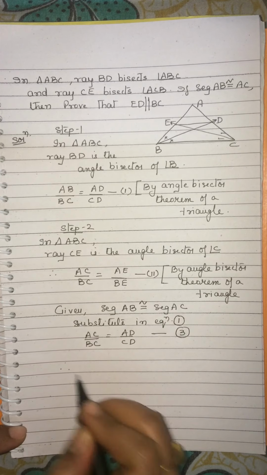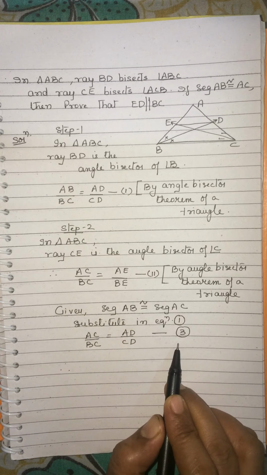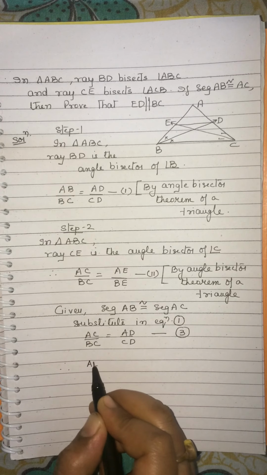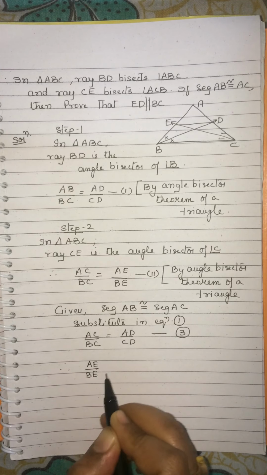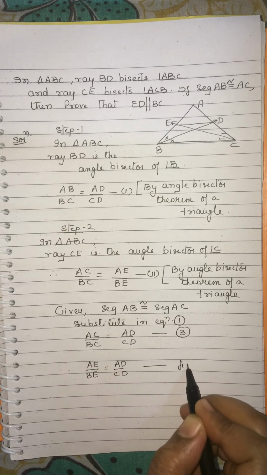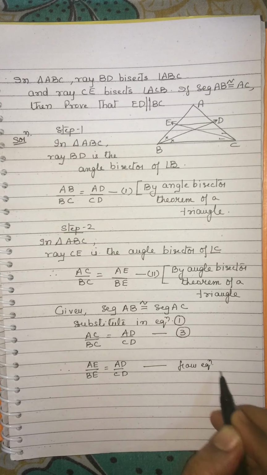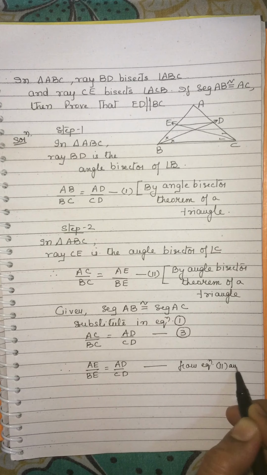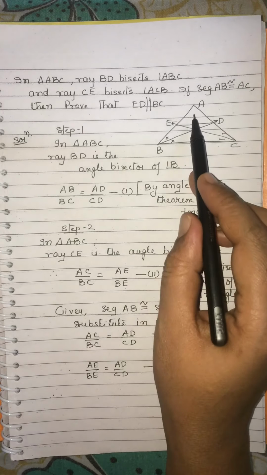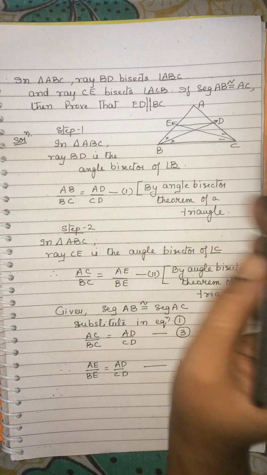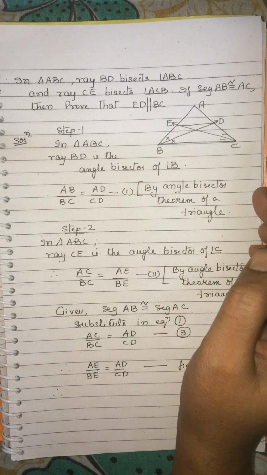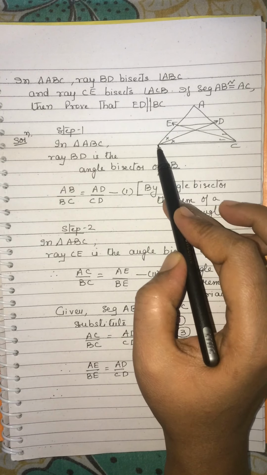Now if you see equation 2 and equation 3, what do we get? Left hand sides are equal. So the right hand sides, AE upon BE is equal to AD upon CD. This is from equations 2 and 3. Therefore, if AE upon BE is equal to AD upon CD, then in triangle ABC we can say ED is parallel to BC.